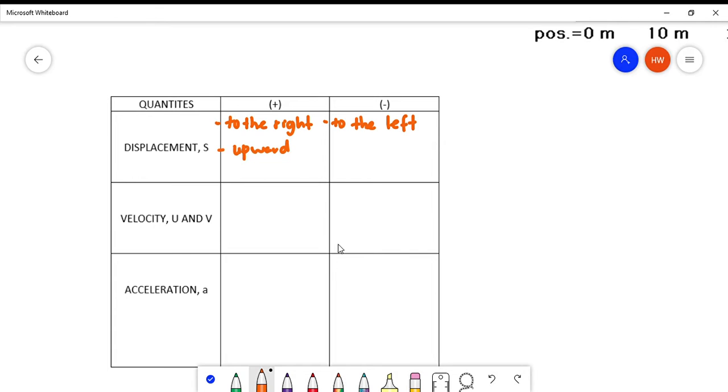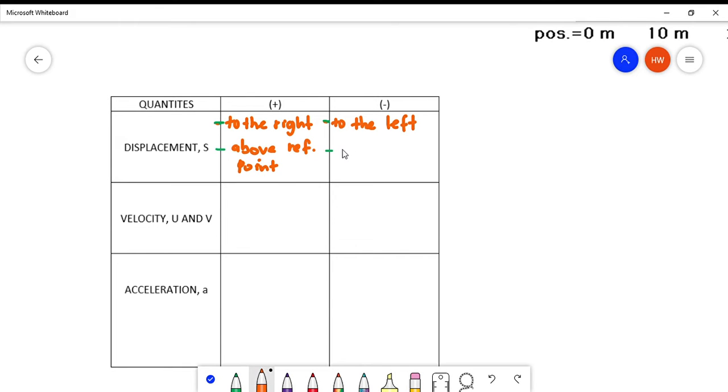Okay, bila dia, no, not upward, sorry. Saya tak boleh cakap dia upward. Yang ni saya akan explain dengan lebih mendalam apa yang saya maksudkan di sini. Above, dia akan jadi positif bila dia above reference point.